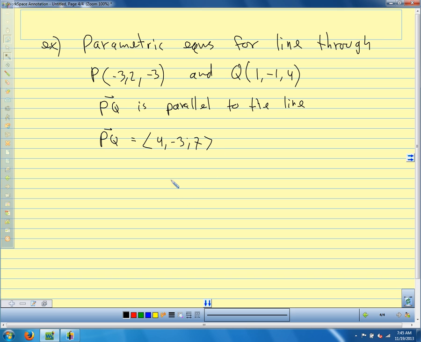So there's my direction vector. It could go the opposite direction as well. Doesn't matter which direction, just as long as it's parallel. And so our direction numbers are 4, −3, 7. So a equals 4, b equals −3, c equals 7, our direction numbers.